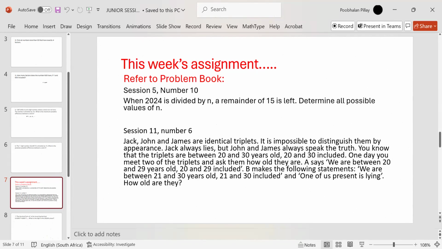See? So you make an assumption, like, suppose this guy is a liar. Then you look at the statements he is making, and you will say, no, these are all lies. So then you can decide what the true statements are. And then once you do that, you can go towards the answer.